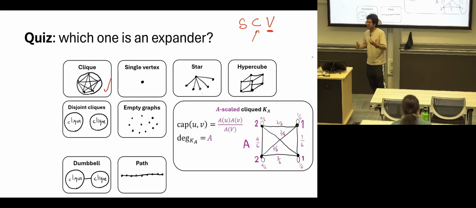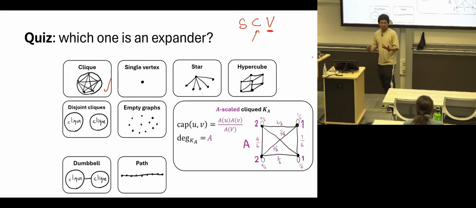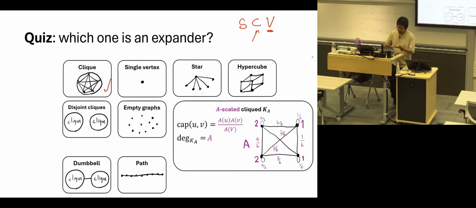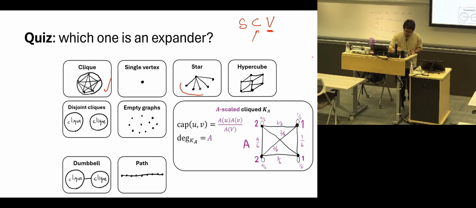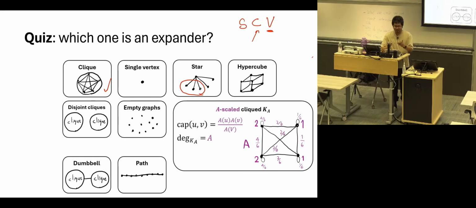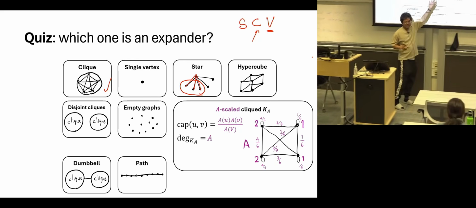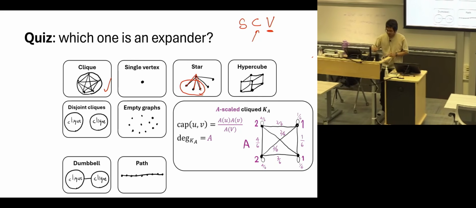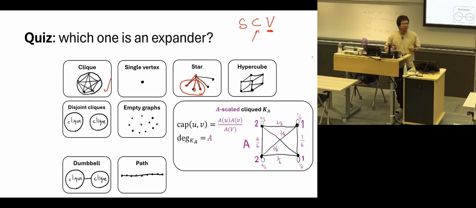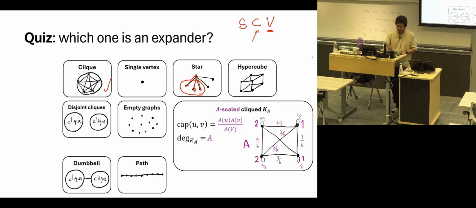To be an expander just means there is no sparse cut. There is some cut to consider, but no matter where you consider, let's say this cut, the cut that crosses it is like 3, but the node weighting on this side is also like 3. So for every cut, it kind of expands. So we have to check every cut.